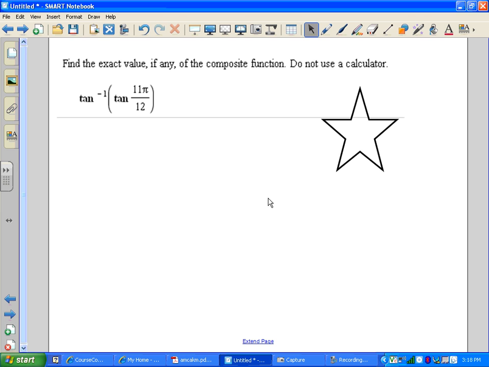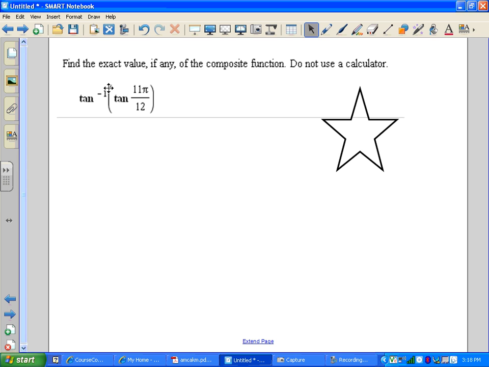Okay, so this first problem, notice I put a big star beside this one. I don't think we've encountered something like this, although I think you could probably figure it out. This is an inverse tangent problem, and the best thing that could happen is that those would cancel out, and my answer would be 11 pi over 12. But remember what we just went through.